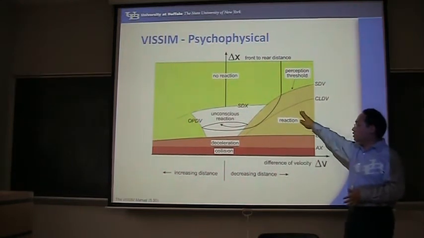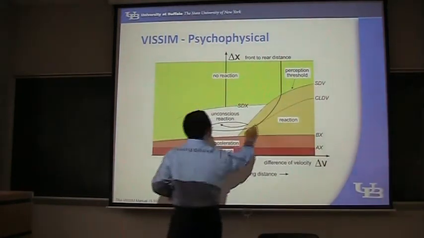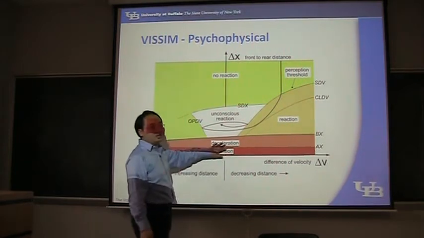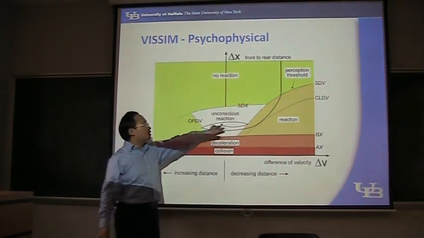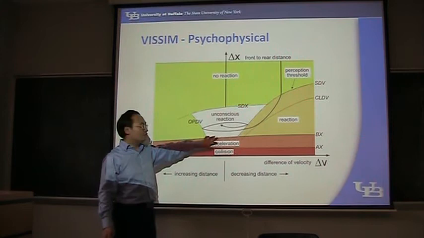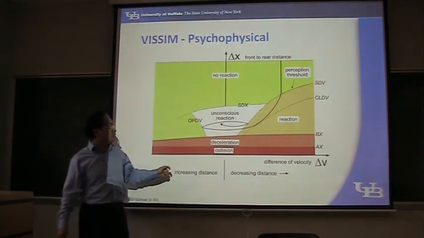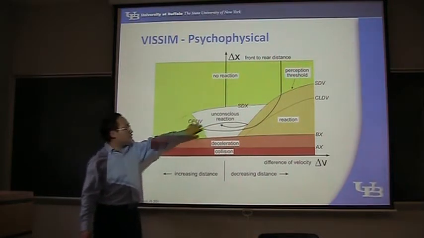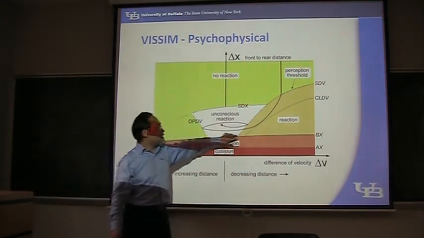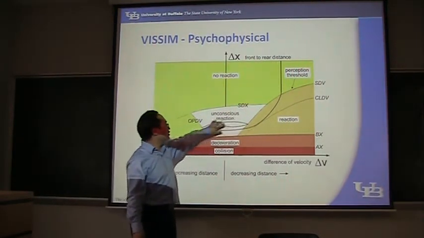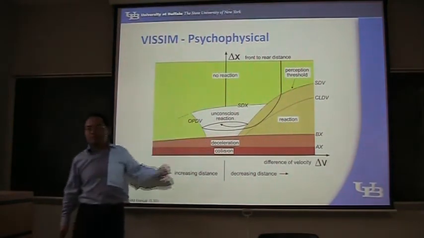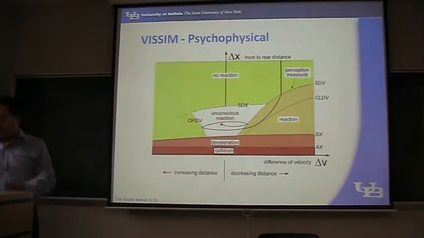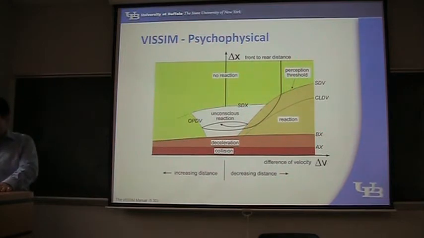So this is acceleration or reaction, and you may enter this region to decelerate, or you may enter this unconscious reaction. So this is free driving, this is following, this is accelerating or also following, this is decelerating. Are we clear about this figure?